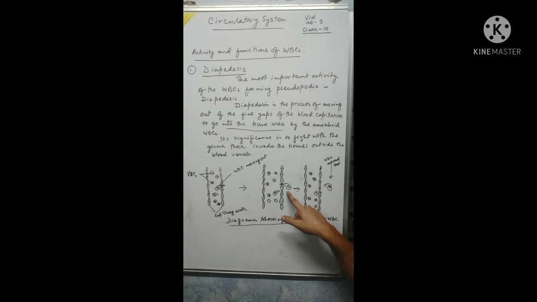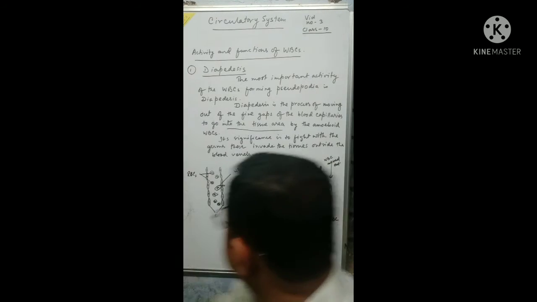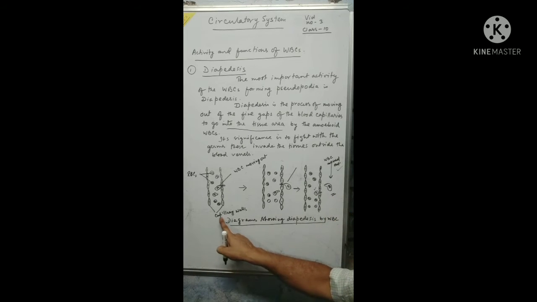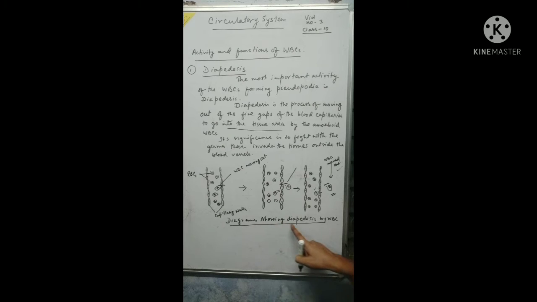And see, this WBC is moving out. And then finally it moved out into the tissue area. Another WBC is trying to move out of the blood capillaries. These are the capillary walls. This diagram shows diapedesis by WBC.